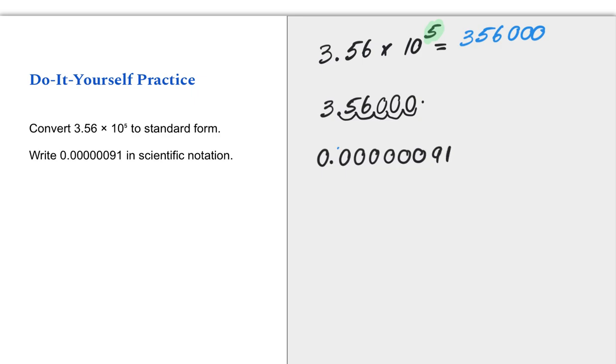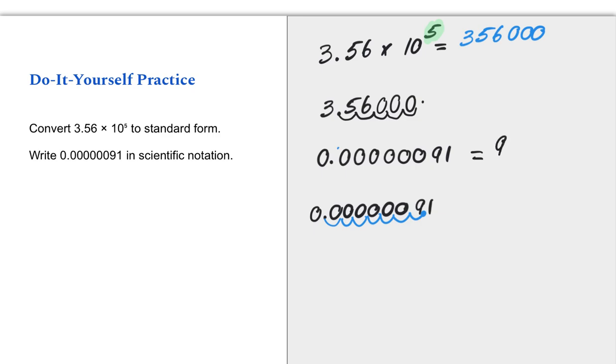Okay, so we're converting from standard to scientific notation. I'm going to move the decimal, so rewrite this number in the bottom. 1, 2, 3, 4, 5, 6. I can't stop here because this is 91. Gotta move one more time. 7, 9.1.